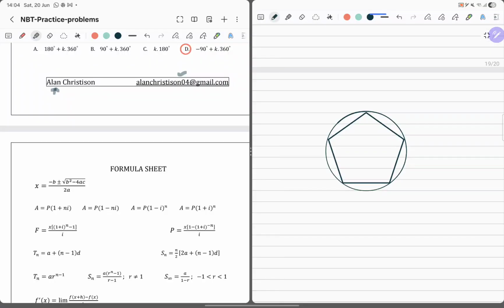So with a pentagon, again, like any other thing, we know that there's going to be a center somewhere. And if again we do the construction, remember this is a regular polygon. All sides are equal and all angles are equal. But now we want to know what is the angle.